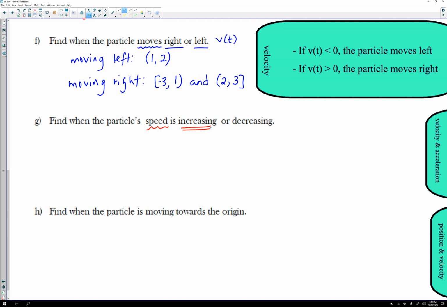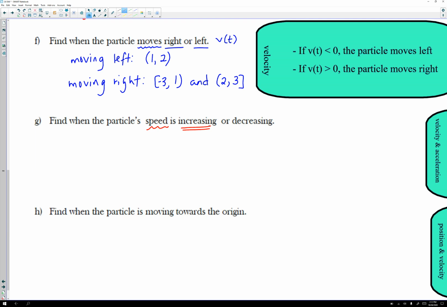You can also think about a runner. If you're outside running, if the runner's running in one direction, that's his velocity. If the wind is behind him and blowing in the same direction that he's running in, then his speed will increase.